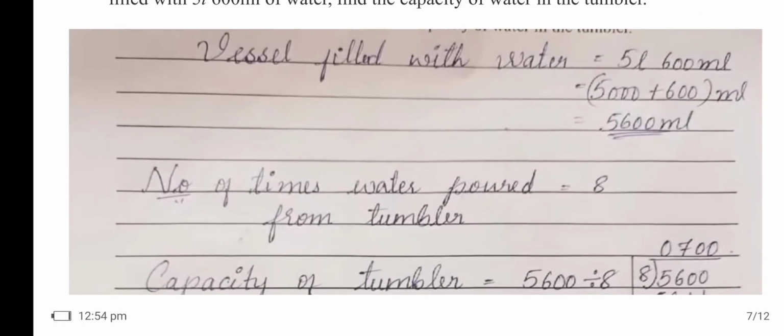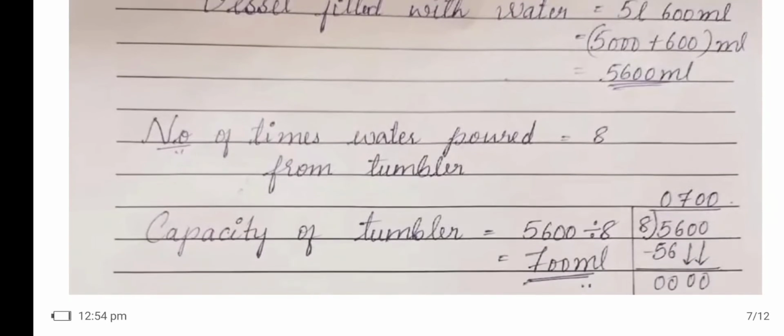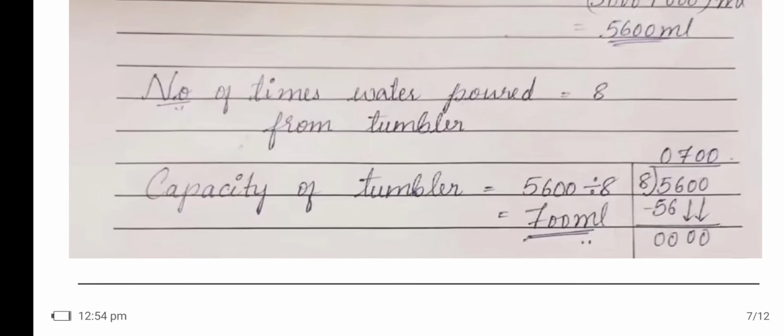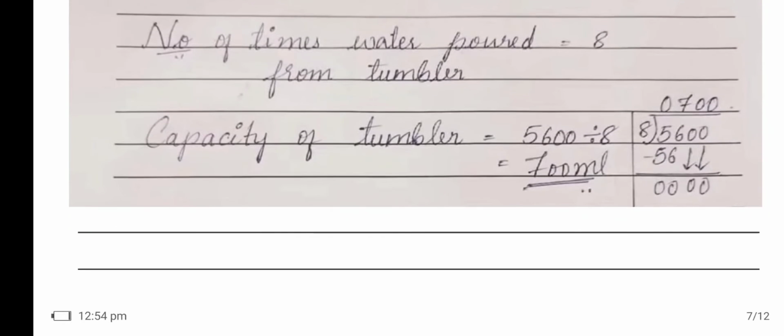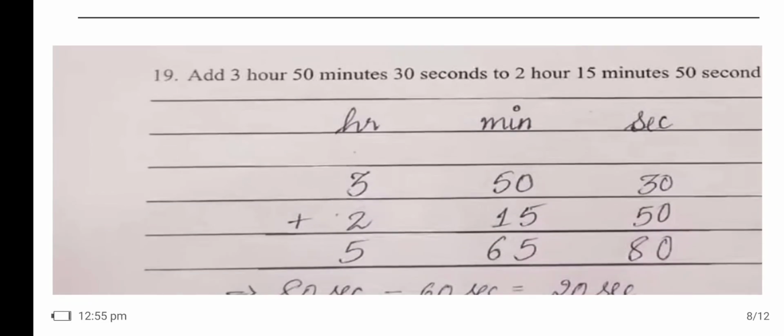The number of times the water was poured from the tumbler was 8 times, right? So the capacity of the tumbler is 5600 divided by 8. When we divide, 8 sevens are 56, so it is done. 00 is remaining over there, so you take it to the quotient. So 700 ml is the right answer. The capacity of the tumbler is 700 ml.